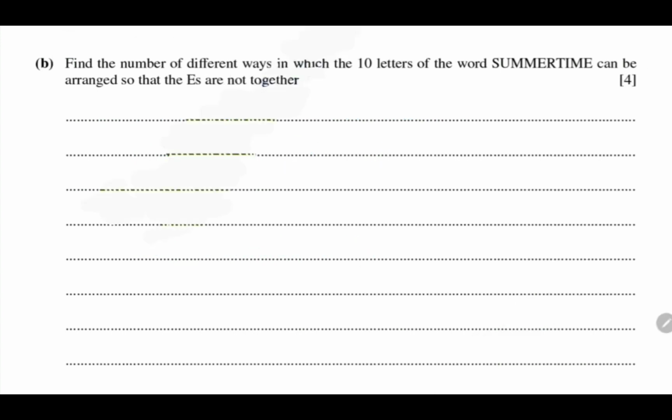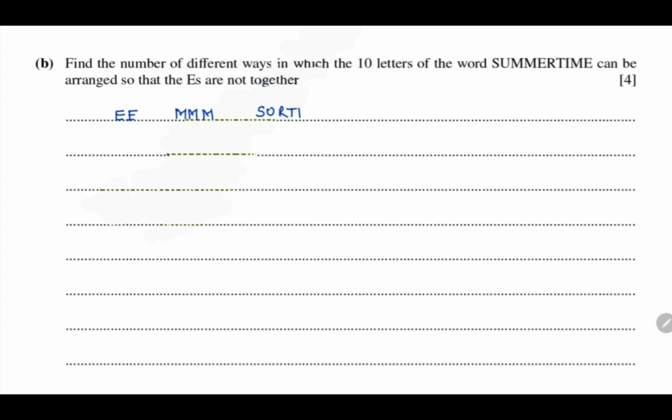Read part B. Find number of different ways in which 10 letters of the word summertime can be arranged so that the E's are not together. So how many E's were there? 2, and 3M, SURTI.